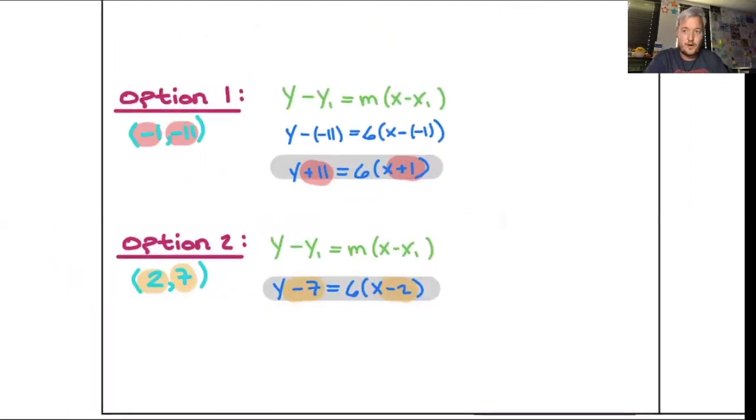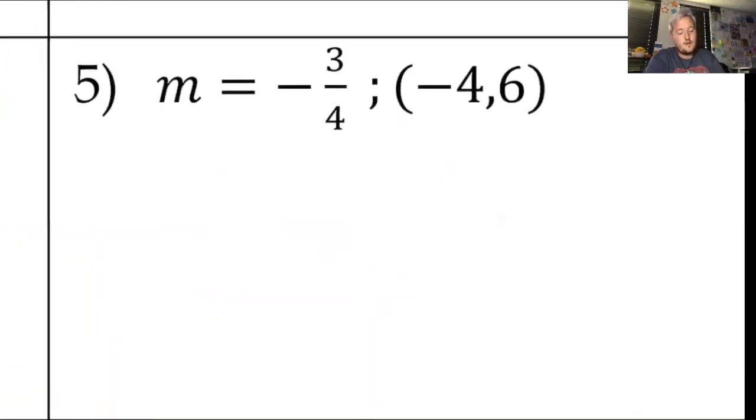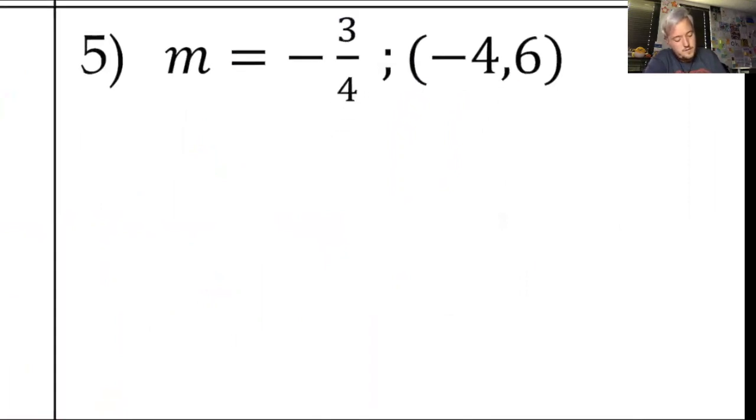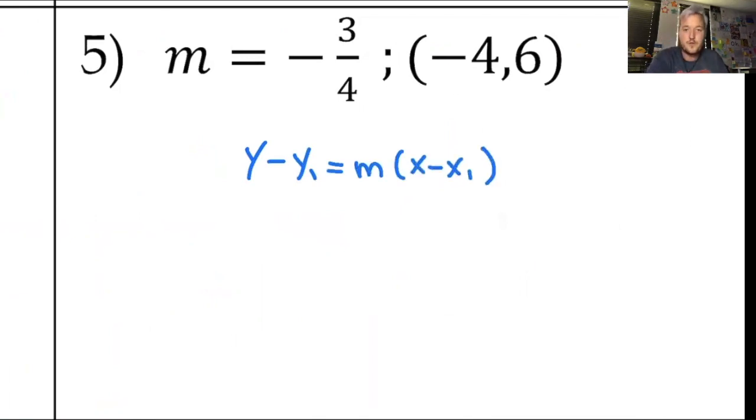So just be wary. All right, so for number 5 here, we'll start with y minus y1 equals m times x minus x1. So start with point slope form. I'm just going to plug in exactly what the values tell me. So x1, y1.